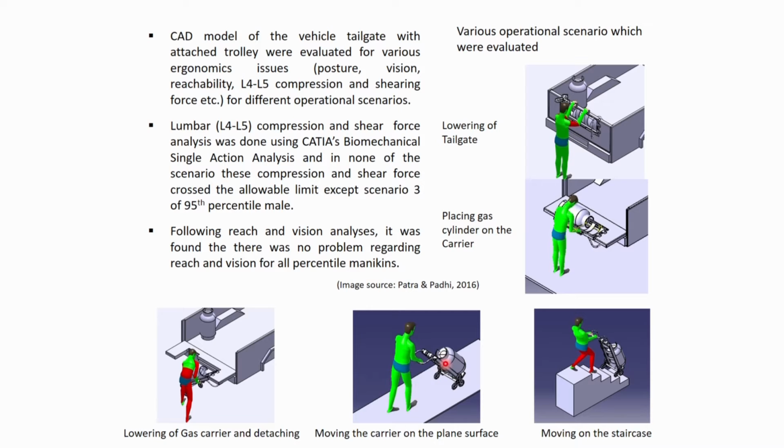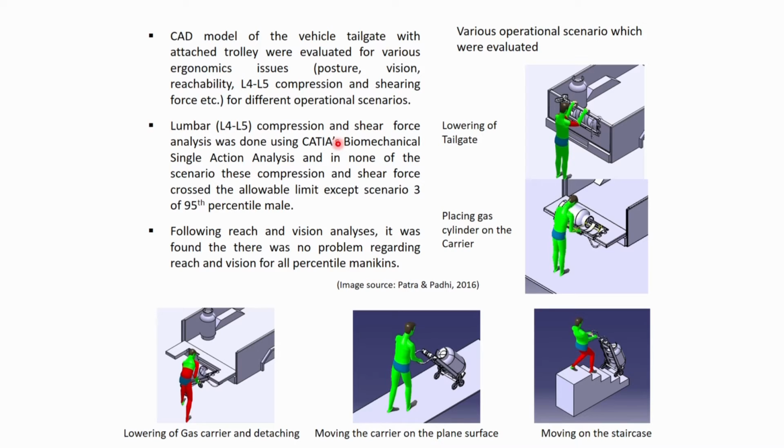So accordingly, they designed the trolley or carrier in such a way that it is movable on a plane surface and can also be used for ascending or descending the stairs. So these 5 scenarios they evaluated, and in each scenario various ergonomic aspects like posture, vision, reachability and spinal compression were analyzed.